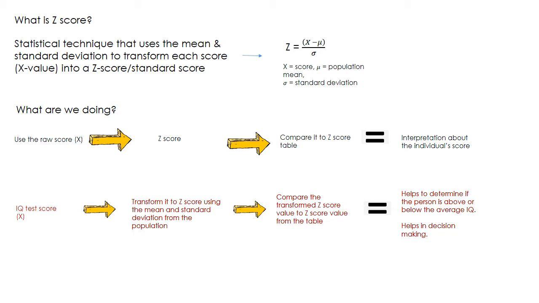With that information, the university can decide whether to accept or reject you. Or, in other terms, we have an anxiety test. You get a score, and once you get a score for anxiety, you need to compare it with the population of people who have anxiety, to see whether you are above or below.